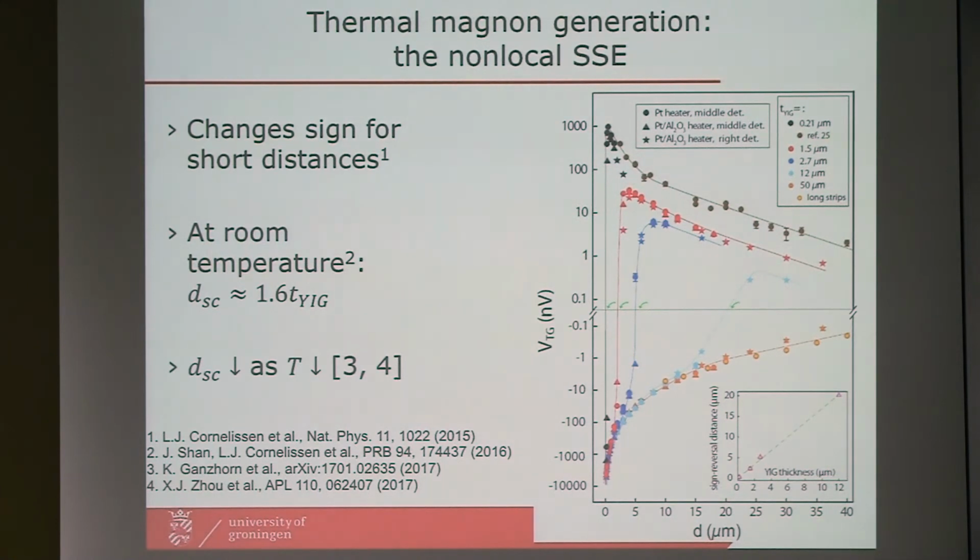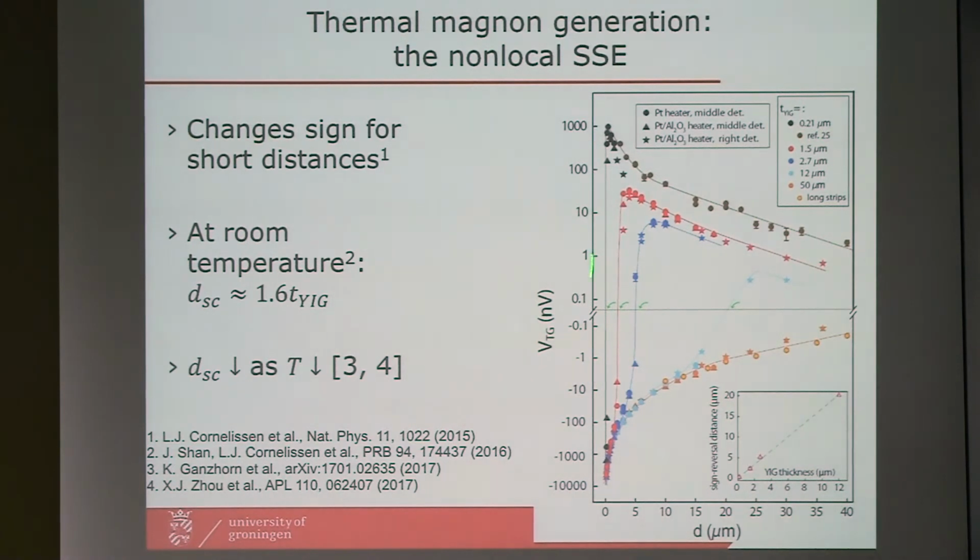So basically we made a lot of devices again on several different thicknesses of the YIG. Here you see these dots are for 200 nanometer thickness, which is basically the same as what we used in the original experiments. And then we make it thicker and thicker, from 1.5, 2.7, all the way up to 50 microns.